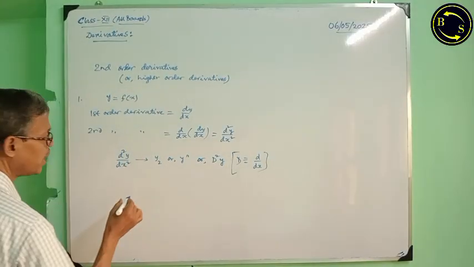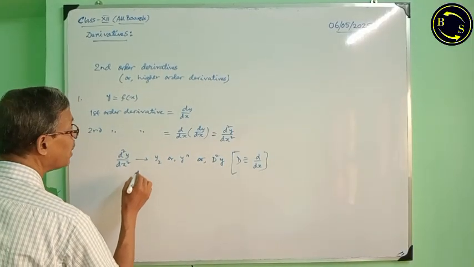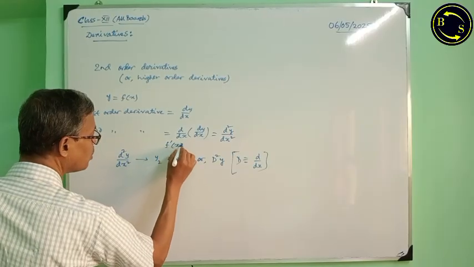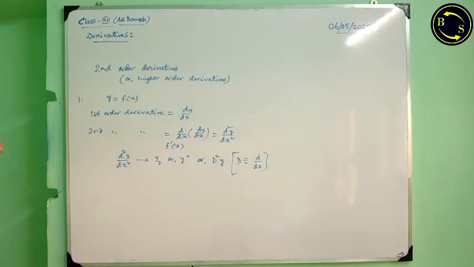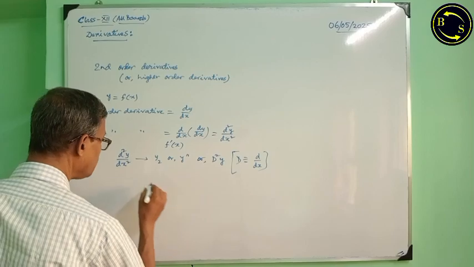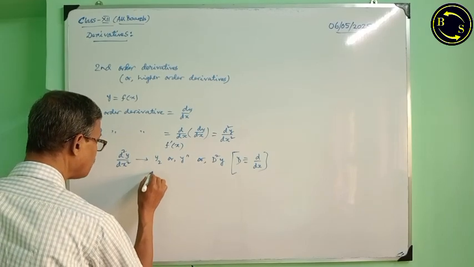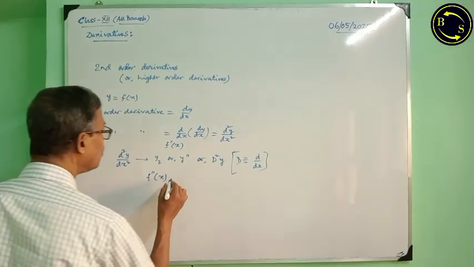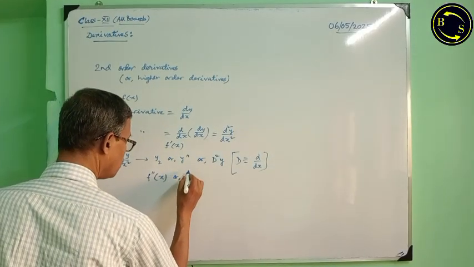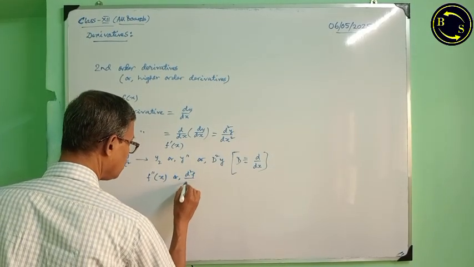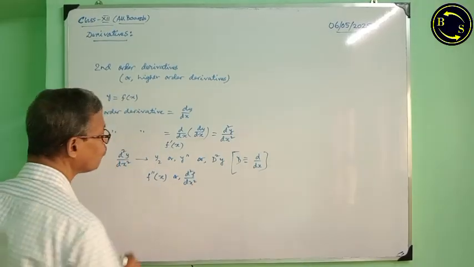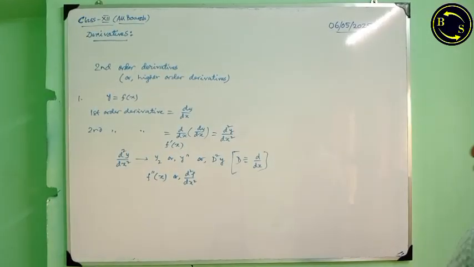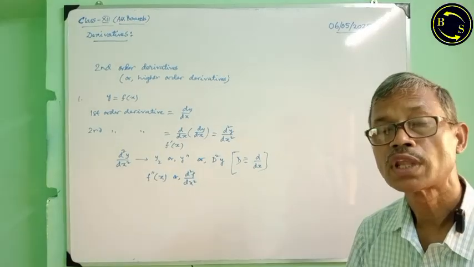And if we use f form, f dash x, that is the first order derivative, then the second order derivative will be f double dash x, or d2f/dx2. These are the notations or symbols of second order derivative.